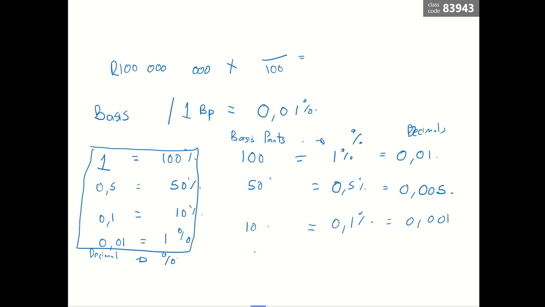And if I say something like 5 basis points is equal to 0.05% or 0.0005. Because if you divide that by 100, you get that. So that divided by 100 will give you that, divided by 100 will give you that.